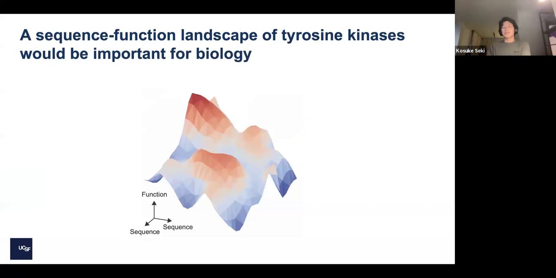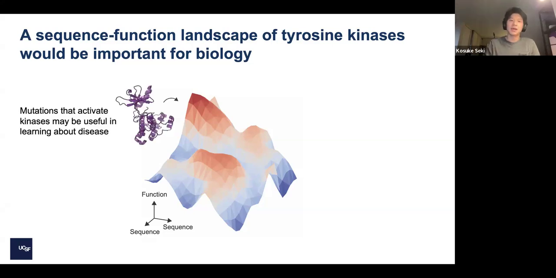If we're talking about learning about these types of effects from these mutations, what we're really talking about is a sequence function landscape. Being able to map out any mutation to any function in the kinase would be a really important advance for biology. Like we were just talking about, if you have a mutation that activates a kinase, it might be really useful in learning about some disease such as cancer.